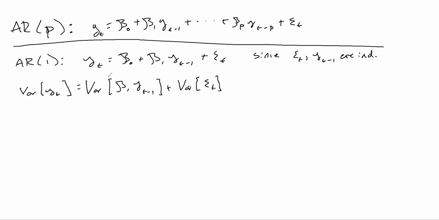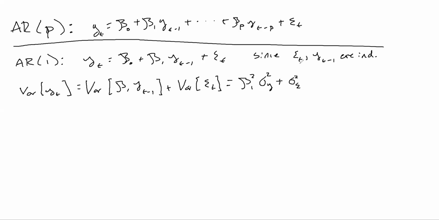So assuming it is covariance stationary and assuming that our error term and the lags are independent, we can factor out beta 1, so beta 1 squared multiplied by the variance of our process plus the variance of our error term.